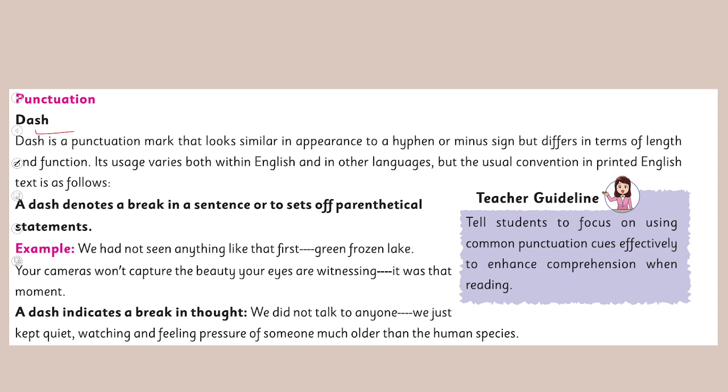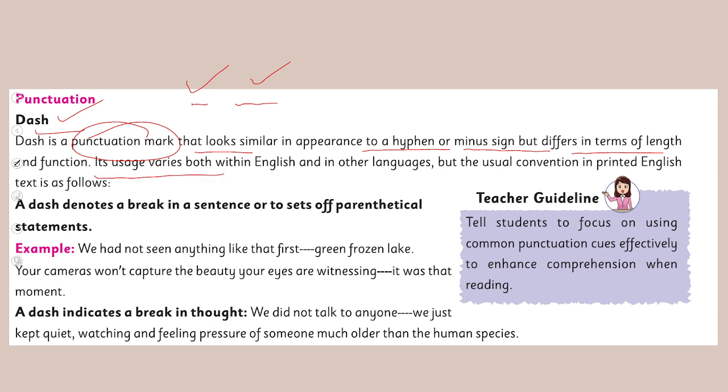Now, when we are talking about it, just as we have gone through, we find dashes. A dash is a punctuation mark that looks similar in appearance to a hyphen or minus sign, but differs in terms of length and function. For example, your hyphen is a shorter length, but the dash will be a little longer, and the usage of both these punctuation marks is different.